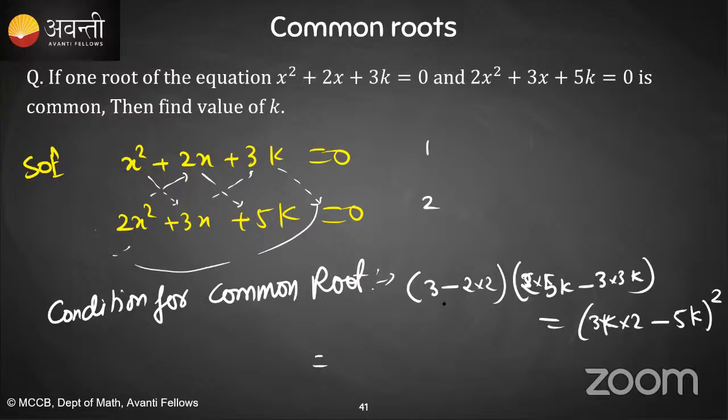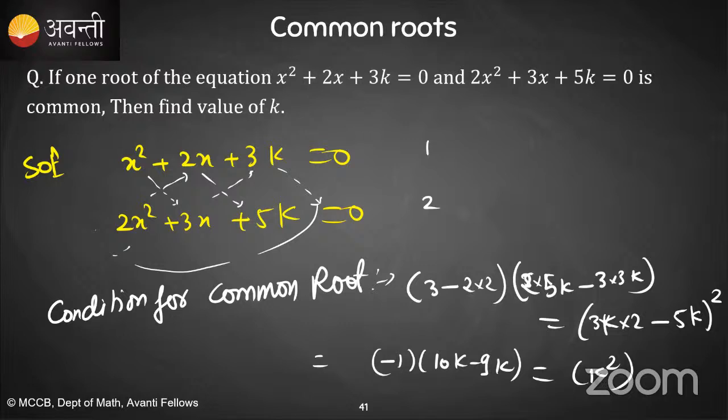So what is this? Minus 1 into 6k minus 9. What is this? 10k minus 9k is equal to 6k minus 5k, which is equal to k square, right?